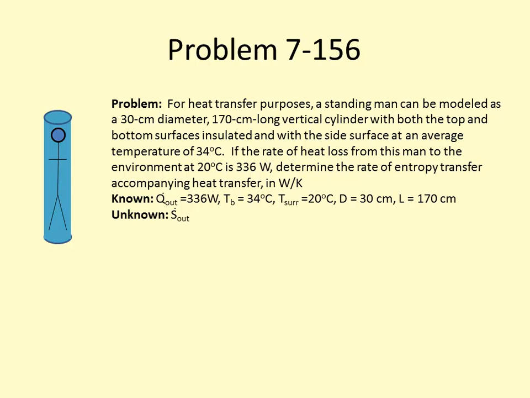So in this case, we say the boundary temperature is the temperature of this person, 34 Celsius. So it's 336 watts divided by 307 Kelvin, since 34 plus 273 is 307 Kelvin, which is equal to 1.09 watts per Kelvin.